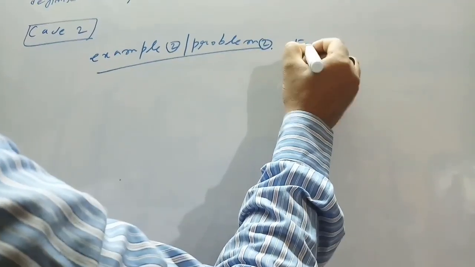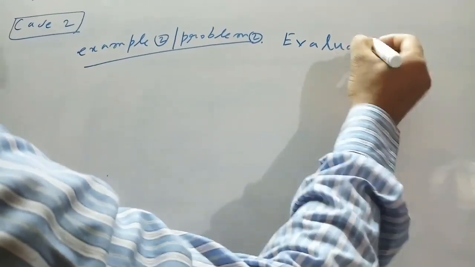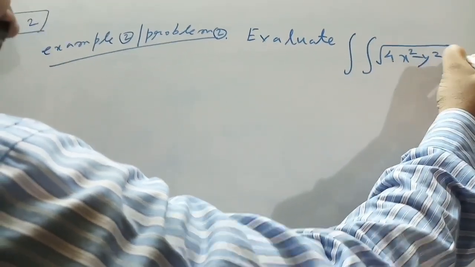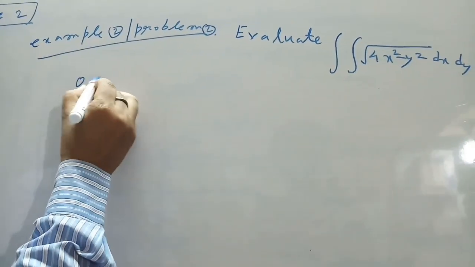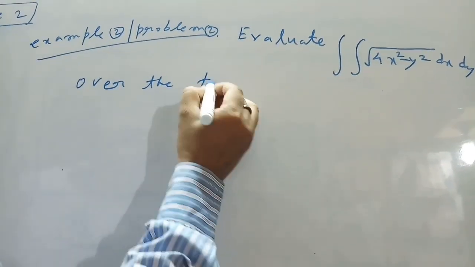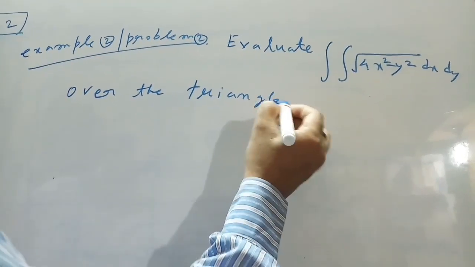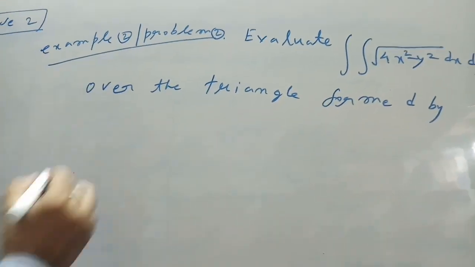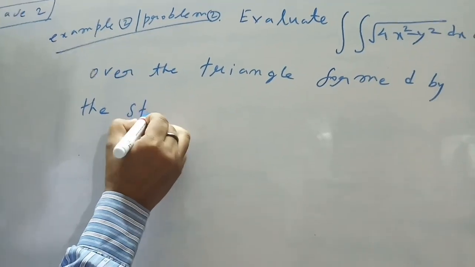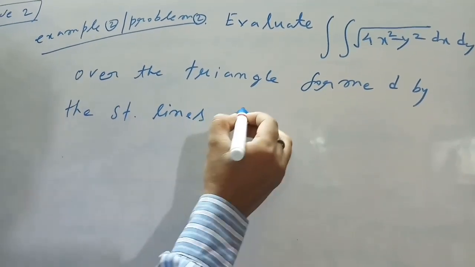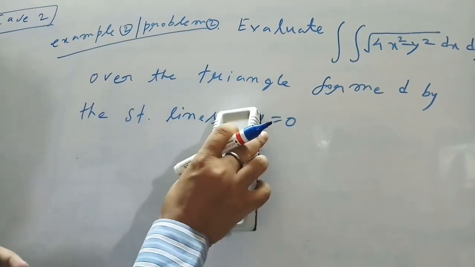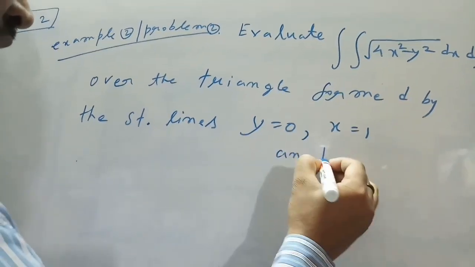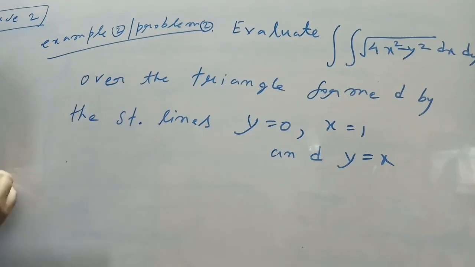Evaluate the double integral of 4x square minus y square dx dy over the triangle formed by the straight lines y equal to 0, x equal to 1 and y equal to x.